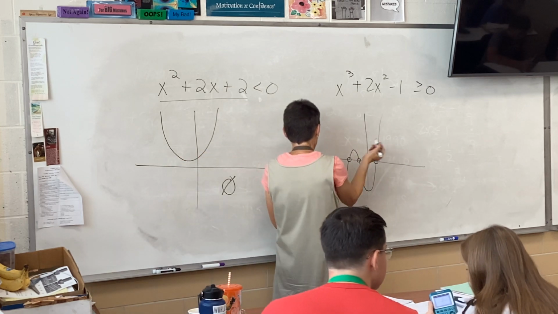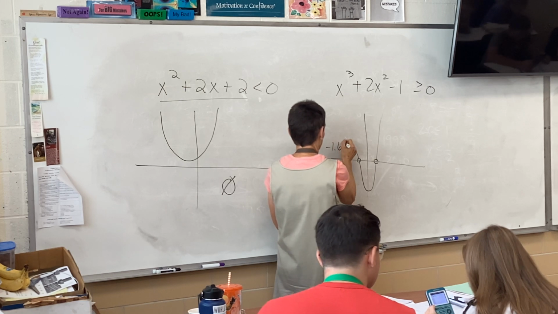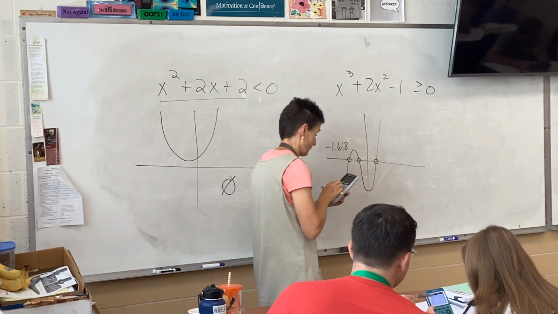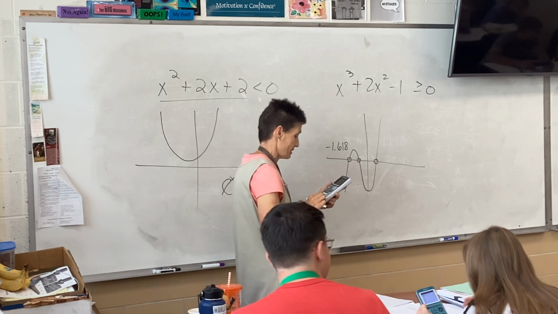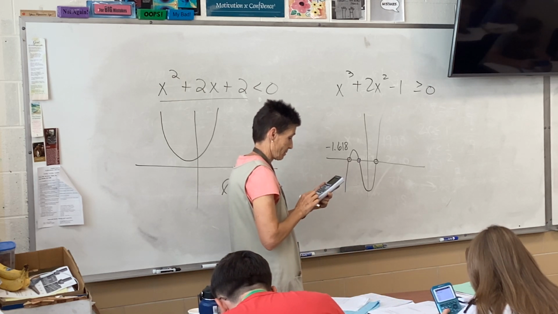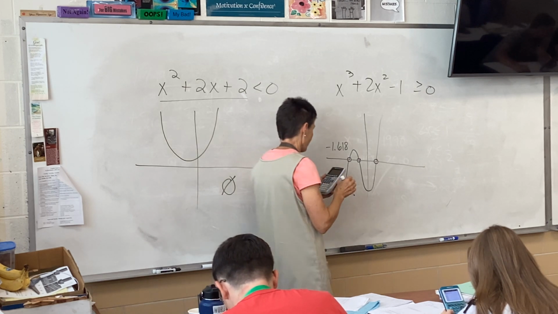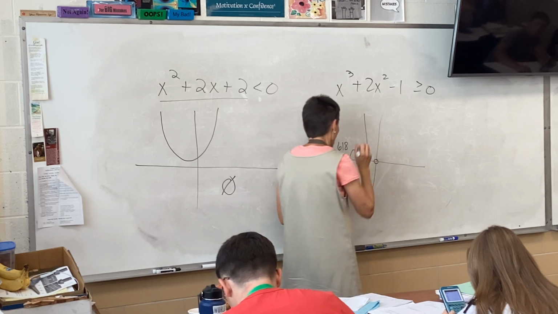And I'm going to write down what I get. You tell me if I'm right or wrong. I get -1.618 for this one. Second calc 0, that's what we're doing. I got -1 for that one.